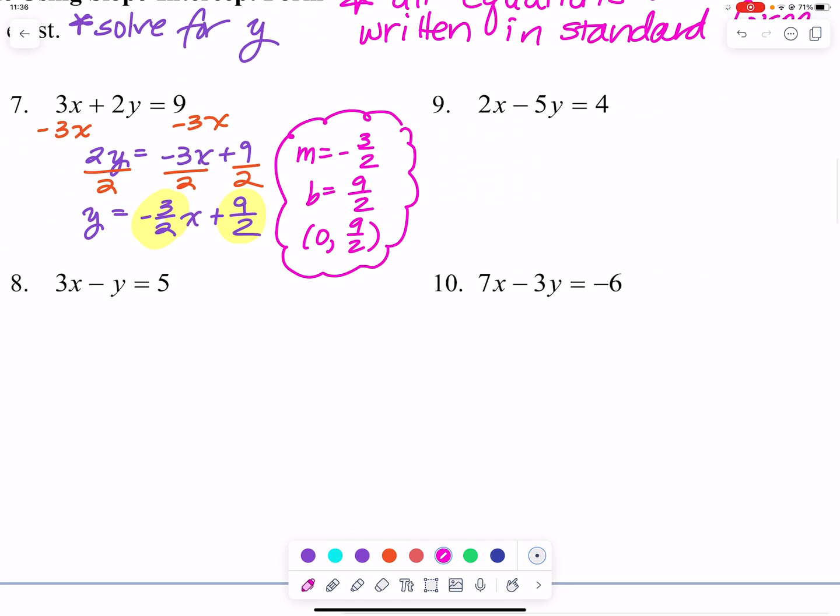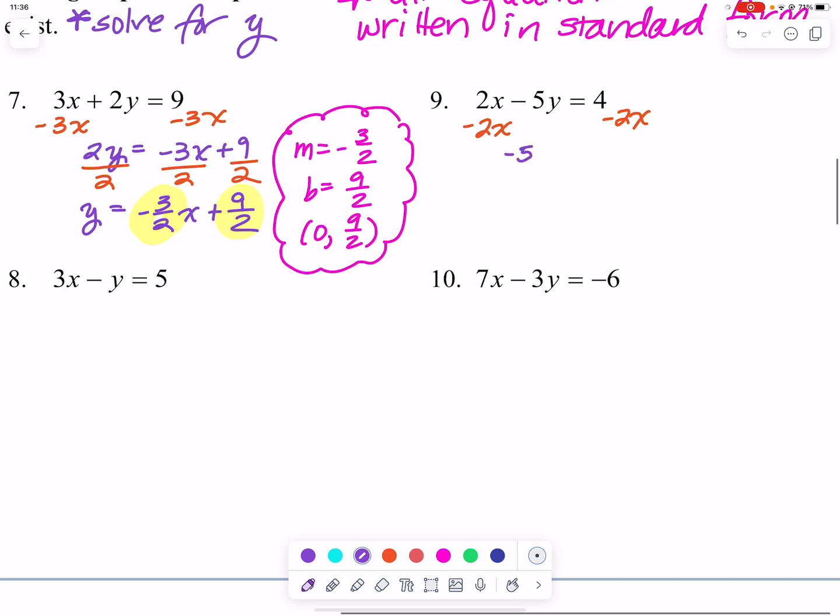Let's do the same thing for number 9. We are going to subtract 2x from both sides, and we have negative 5y is equal to negative 2x plus 4.